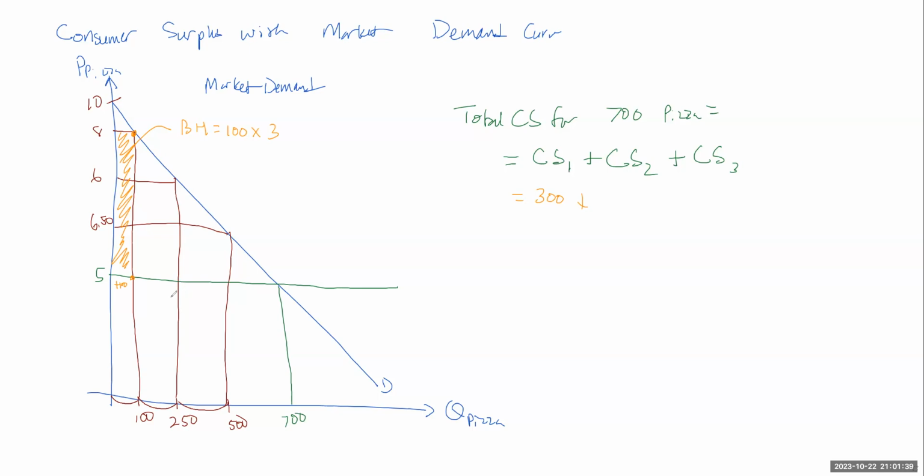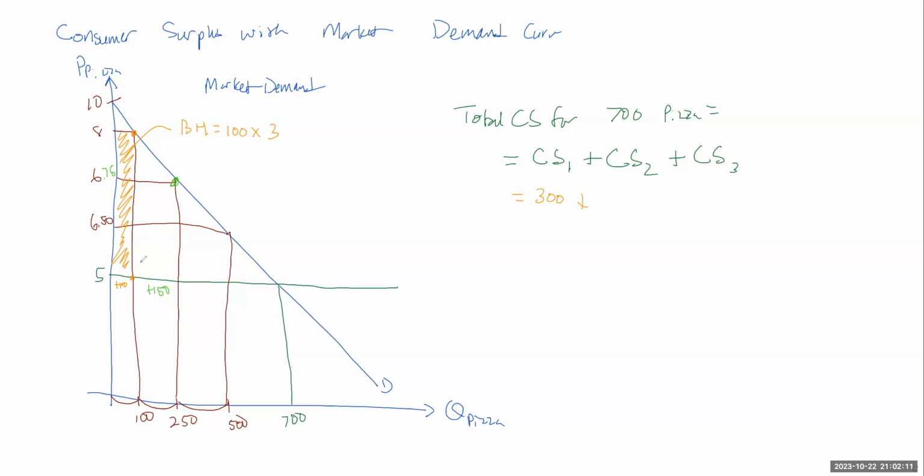The next group, we'll use a different color. That group bought 150 slices because we went from 100 to 250, so it's plus 150. These people were willing to pay $6.75 a slice, but they end up paying 5.